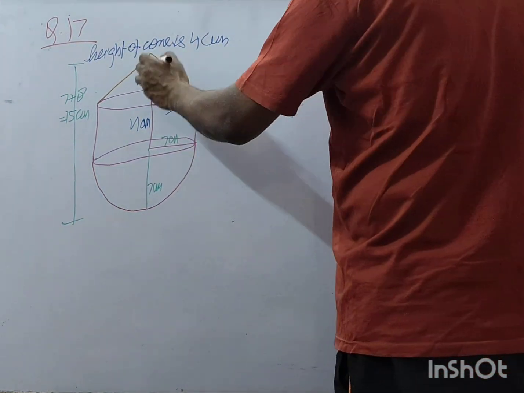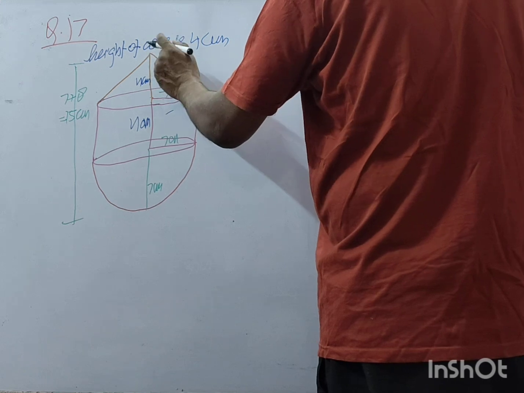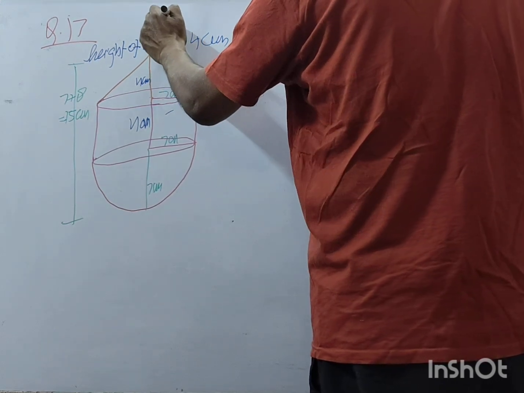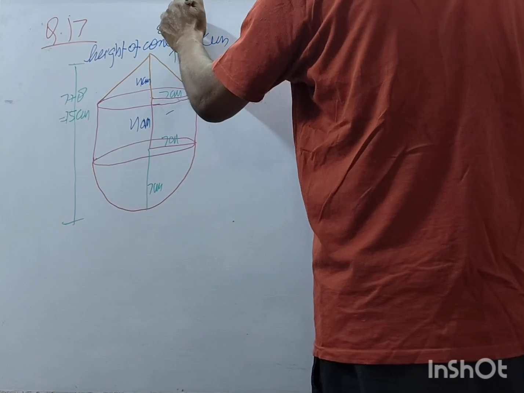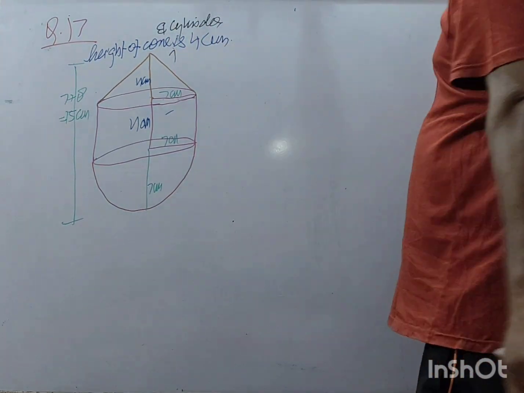Height of cone and cylinder is 4 centimeter, right?